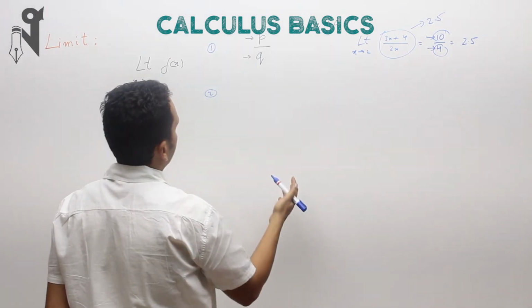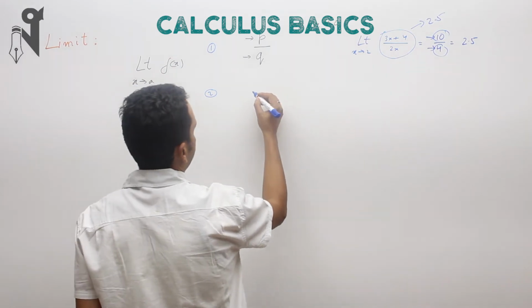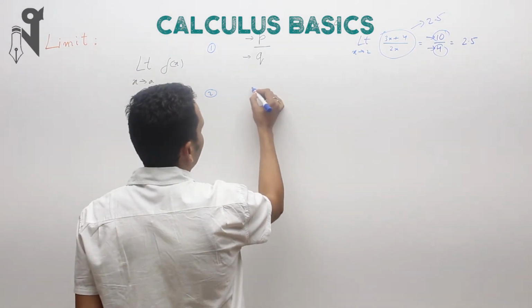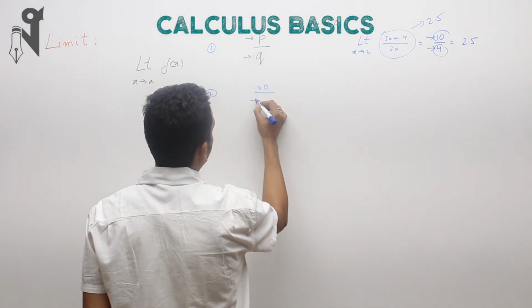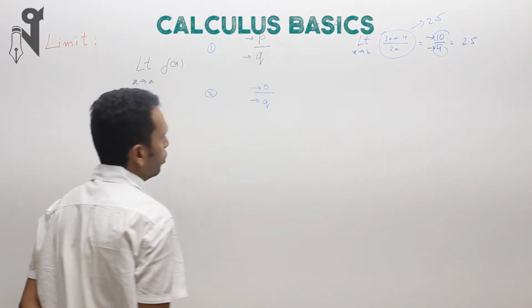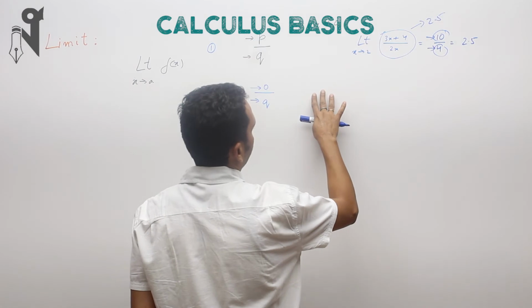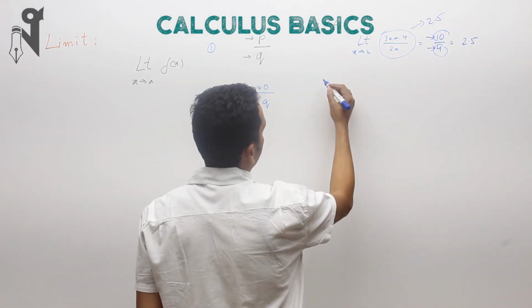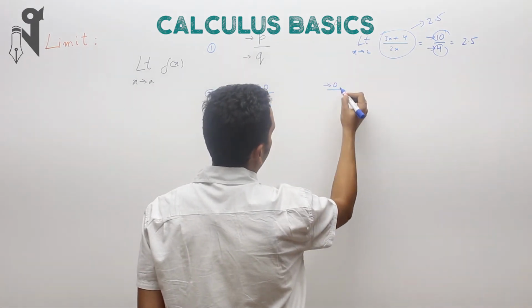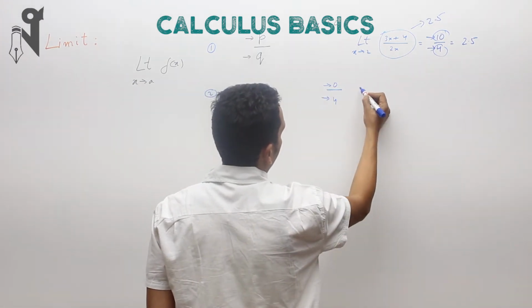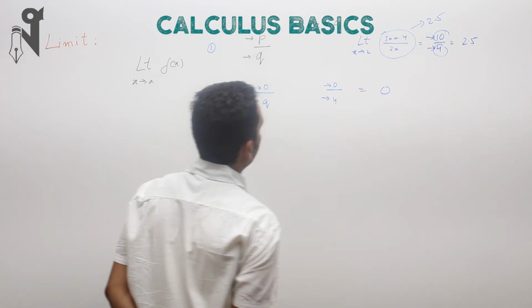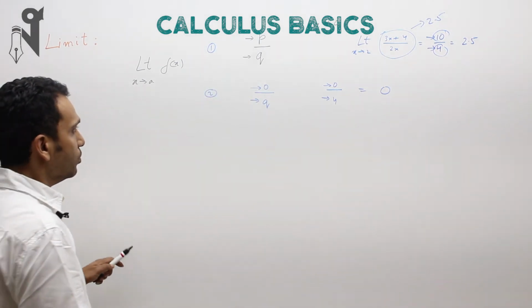The next kind is a very similar kind, which is, say your answer is tending to 0 or exact 0, divided by something tending to q. So if you have a number on top which is almost 0, divided by a number which is not equal to 0, say 4, what's your answer? Answer would be 0.